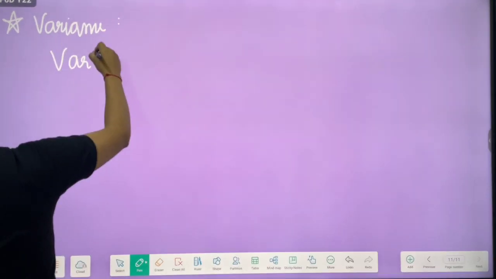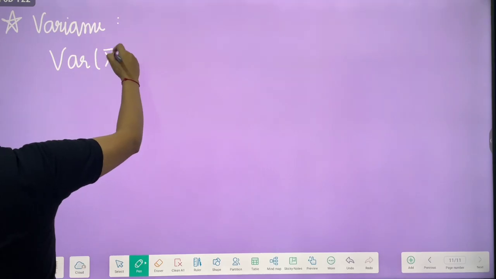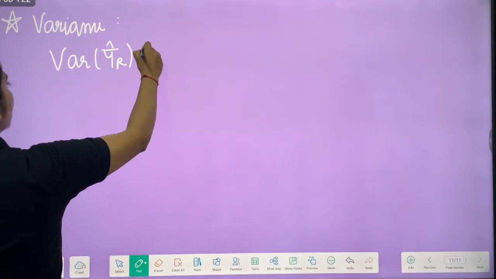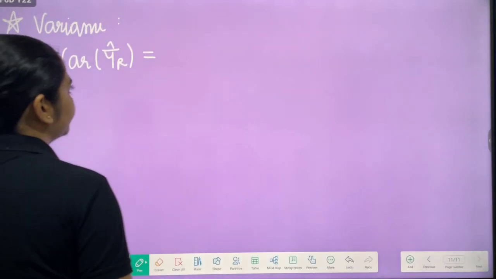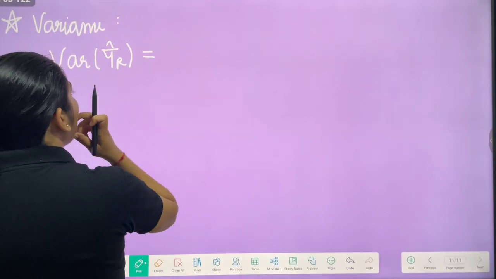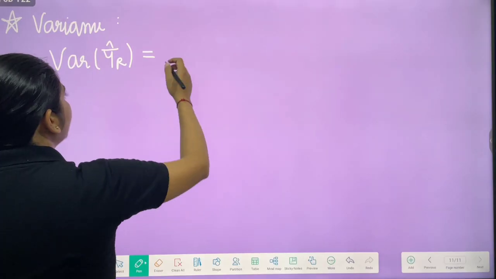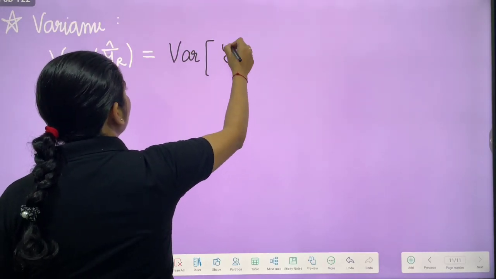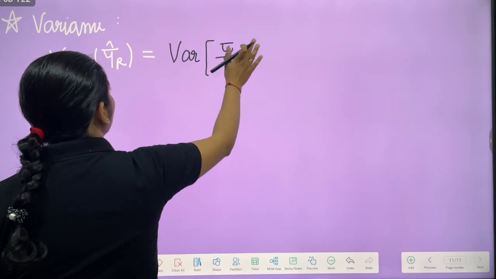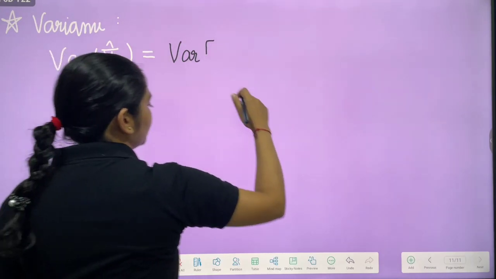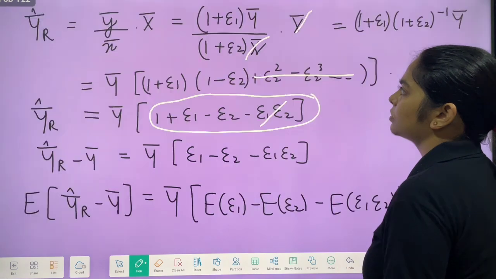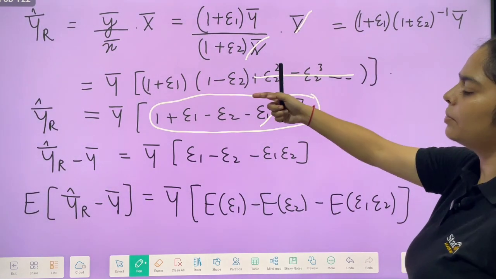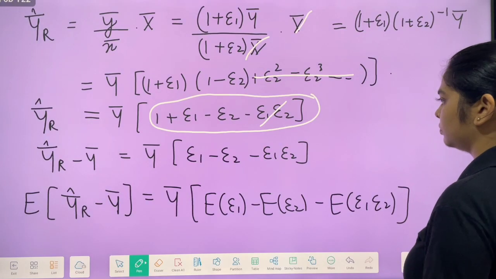Variance of y bar r, this will be reduced to, what was the value of this? This is the value, y bar into 1 plus epsilon 1.